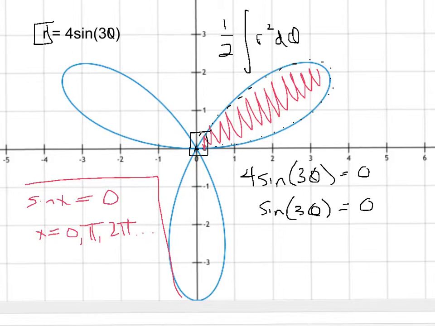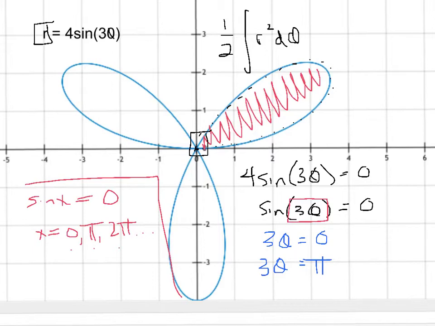But what that means is that what's put into sine needs to be equal to one of these things: 0, pi, 2 pi, 3 pi, and so on. So that must mean that 3 theta is equal to 0, 3 theta is equal to pi, and you could keep going, but again, I only need the 2 to get those bounds.